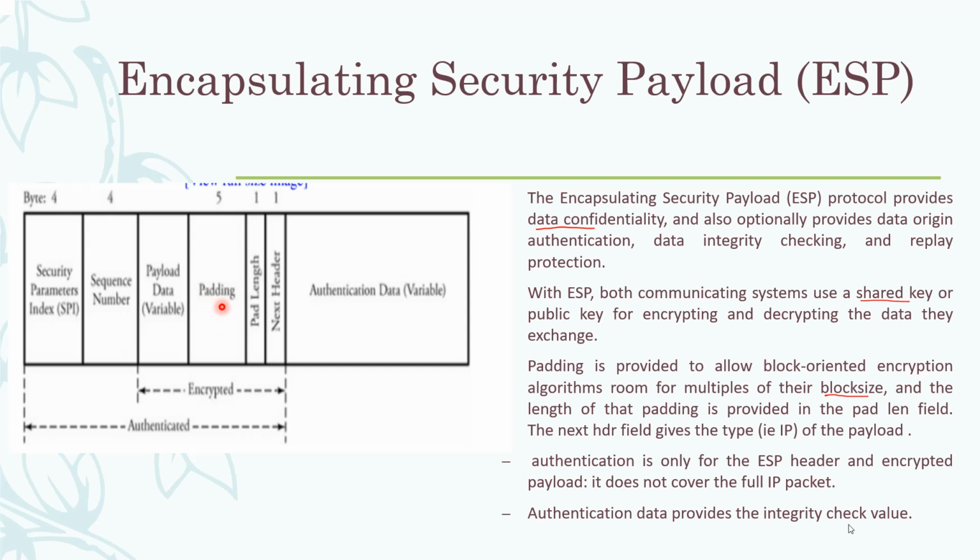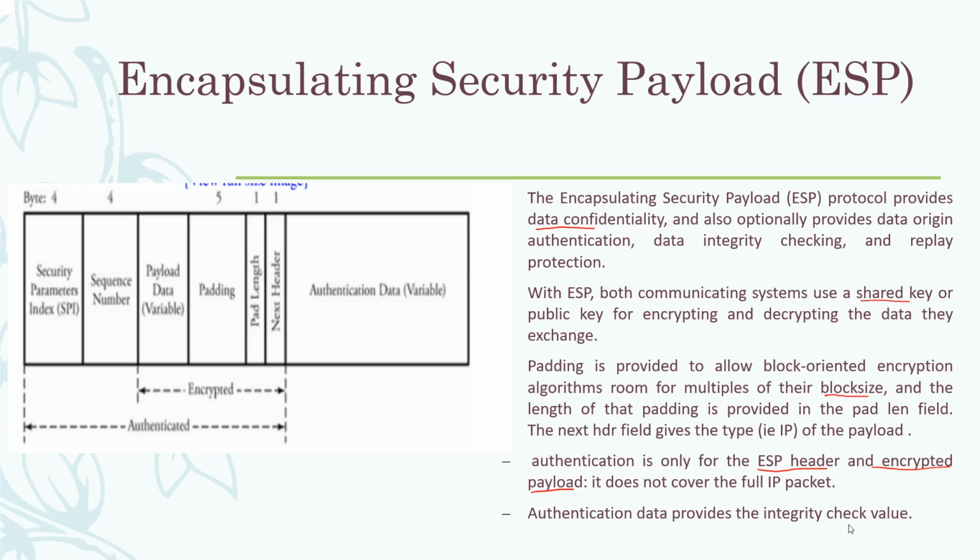So here we specify the additional bytes to be padded, and this field will contain the pad length, that is the number of bytes padded. As we know, the next header field specifies the type of the payload. So we know the type of the payload will be the IP packet. Authentication is only for the ESP header and for the encrypted payload, it does not cover the full packet.